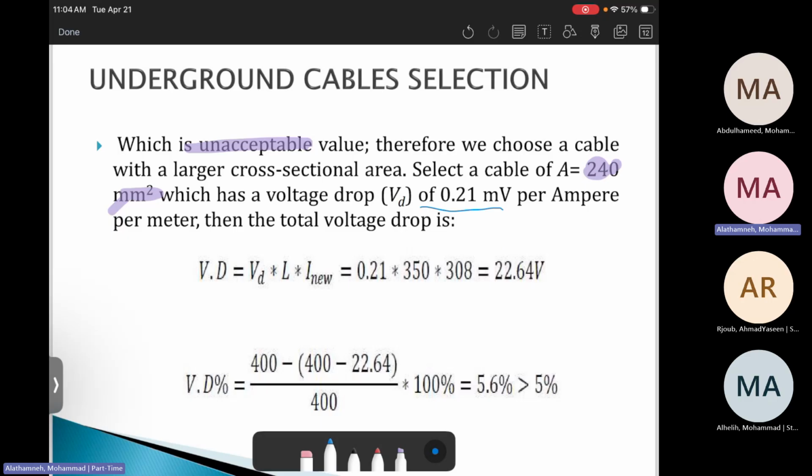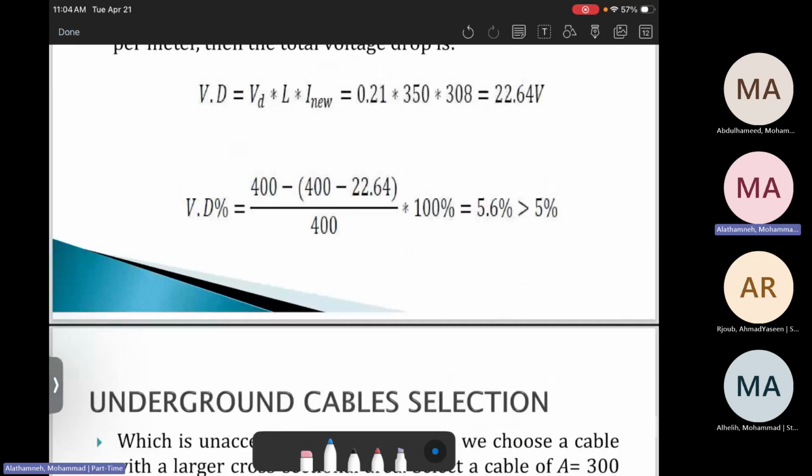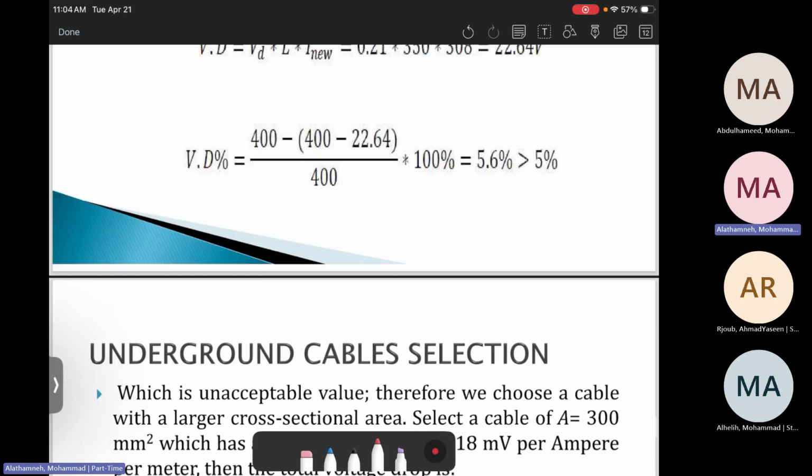Then the percentage is 400 minus 22.64, divided by 400. Then when we look at the ratio, it is still unacceptable. We need to make sure it is below 5%.